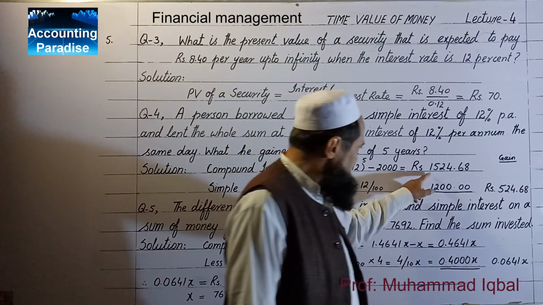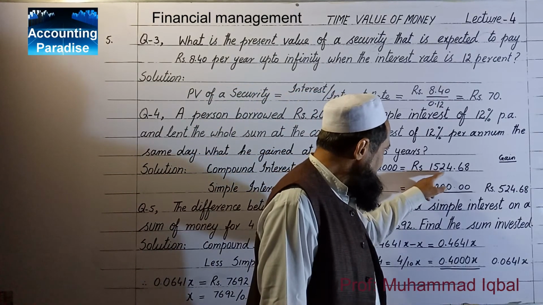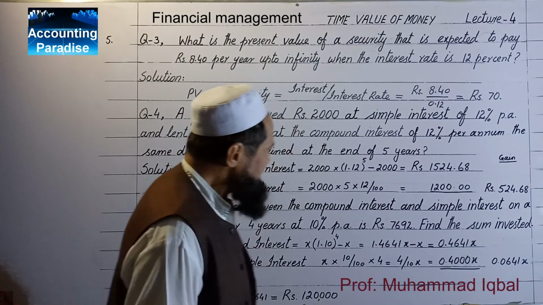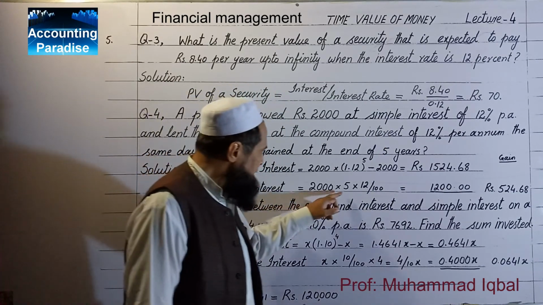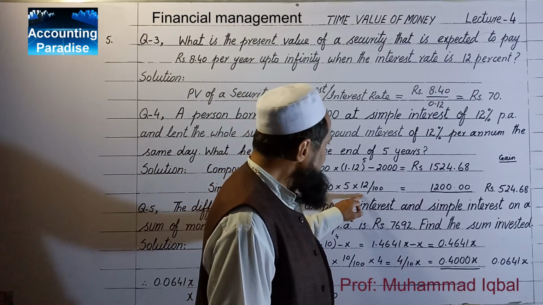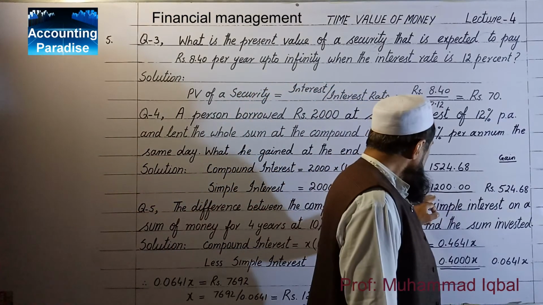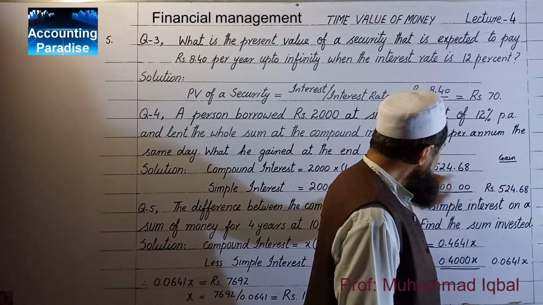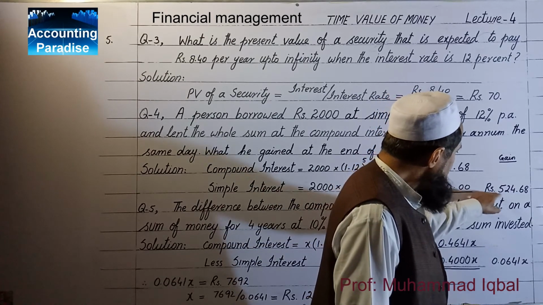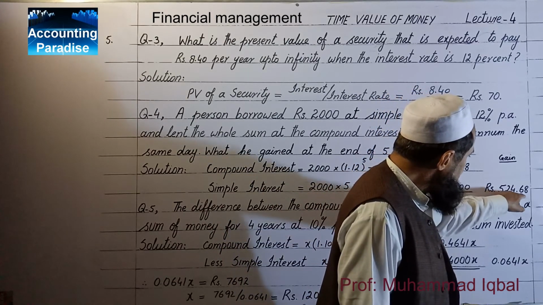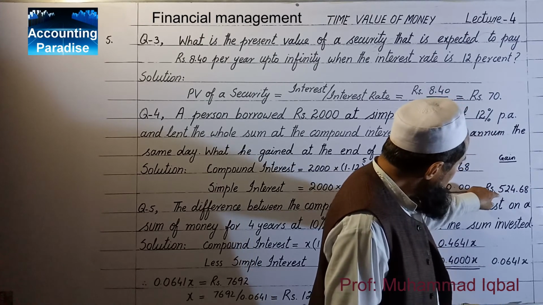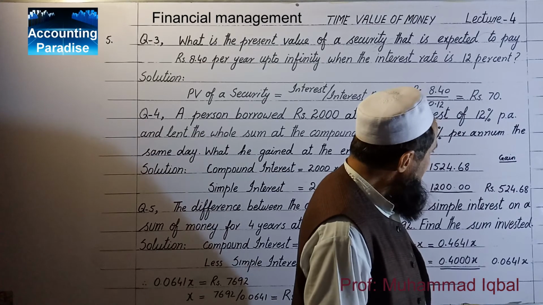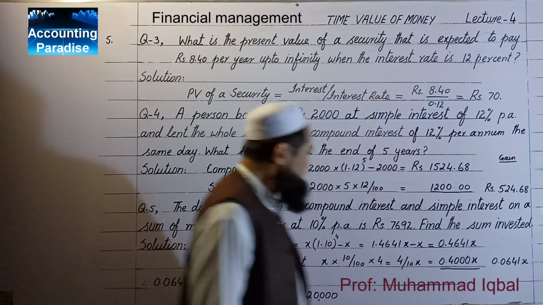That comes to rupees 1524 and 68 paisa. The simple interest, 2000 into 5 years into 12%, comes to 1200. The difference is 524 and 68 paisa. He gained 524 and 68 paisa at the end of 5 years.